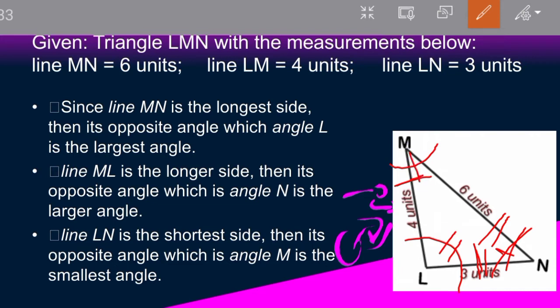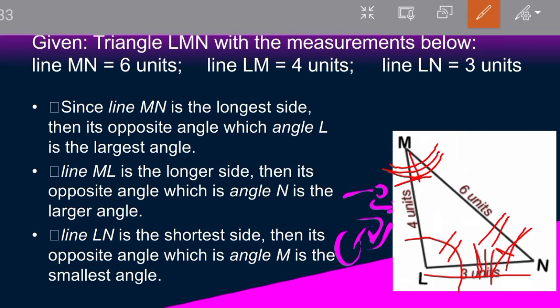Again, line LN is the shortest side, and opposite of it is angle M, which is considered the smallest angle.